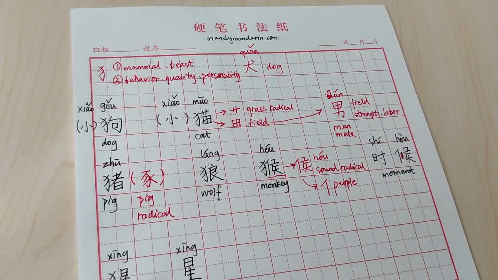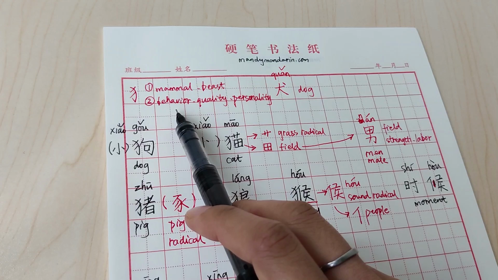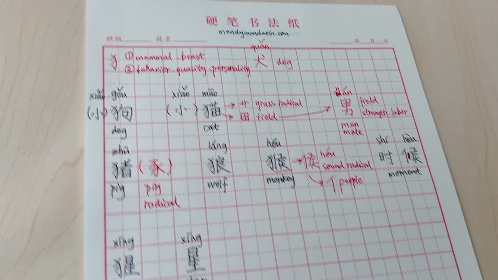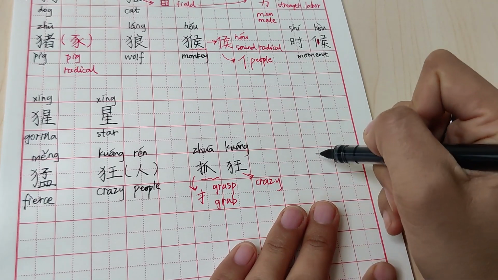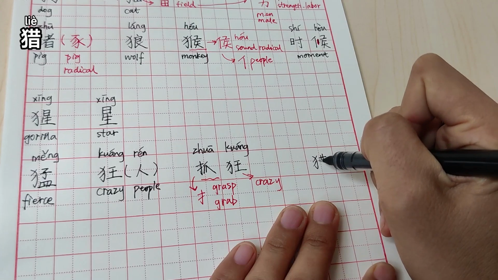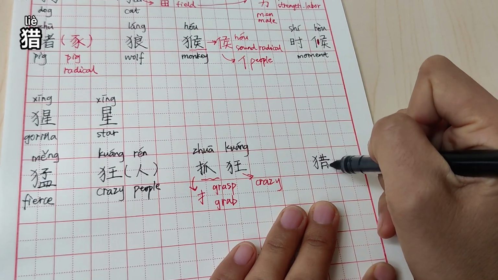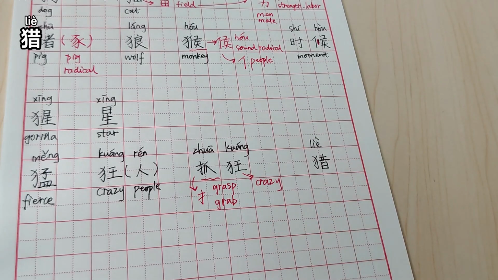And besides the quality and personality, let's talk about the behavior that's related to animal. That is the next character. This is 猎. And what type of activity could be related to animal in the ancient time?